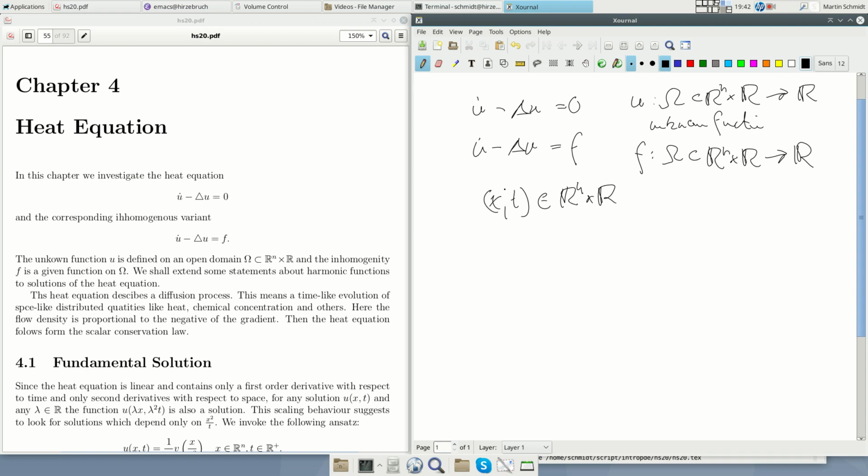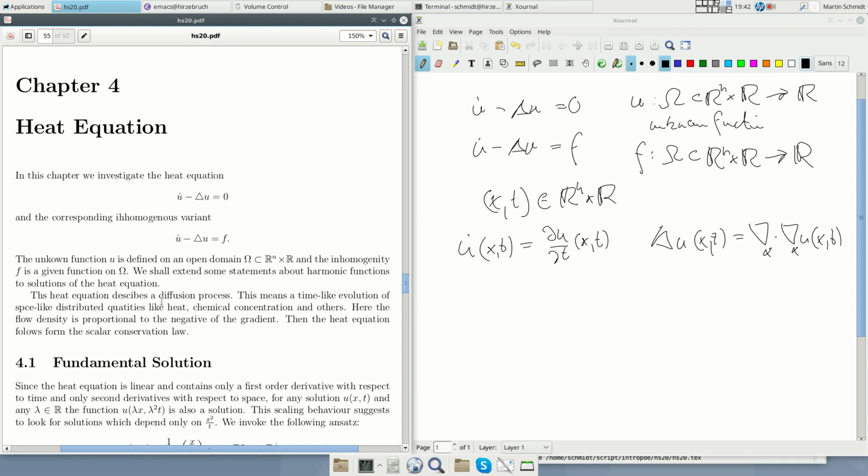T is time, and U dot of x and t is of course the derivative with respect to time, as we already had. And Laplacian U of x and t is of course divergence gradient with respect to x. Okay, so this is the heat equation, and the heat equation describes the diffusion process.